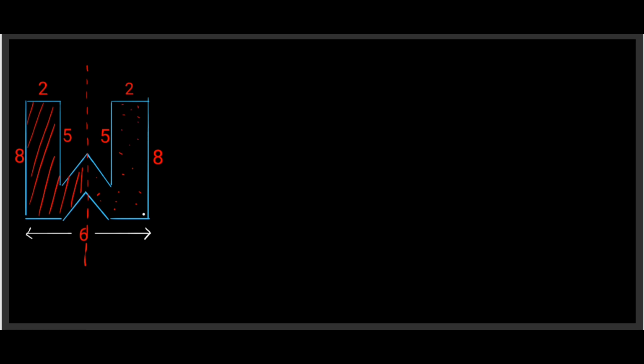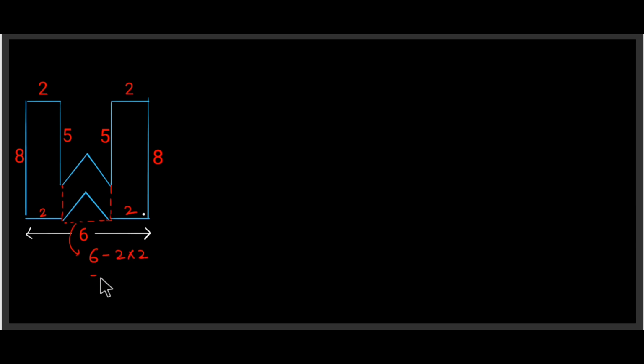Now let's determine the area of the whole W-shaped figure. So now this length is, we can join this part and this part. So this is 2 and 2, and whole is 6. So this area must be 6 minus 2 into 2, and it is 4.